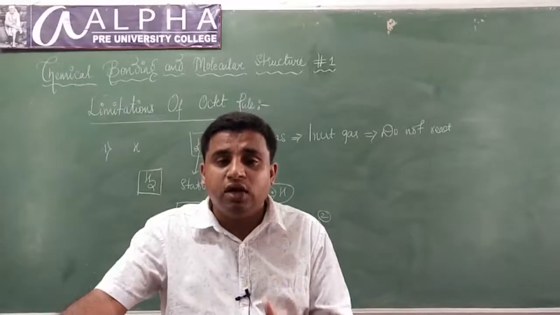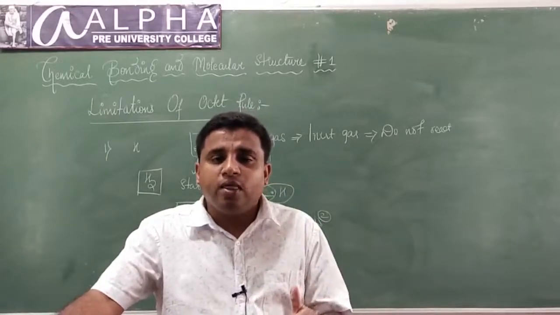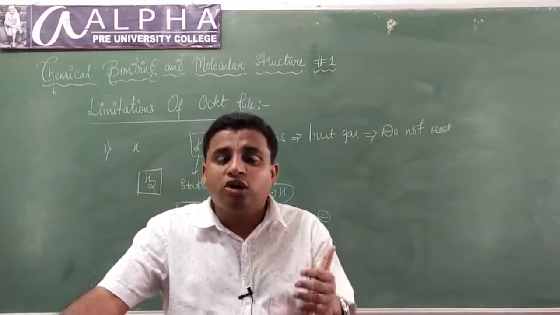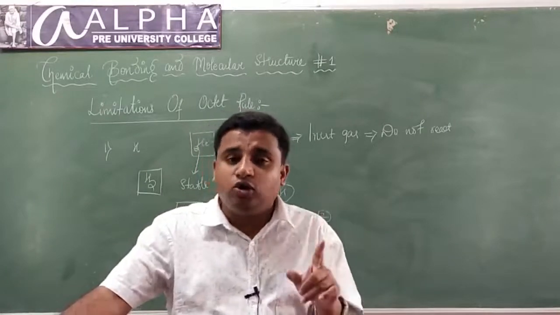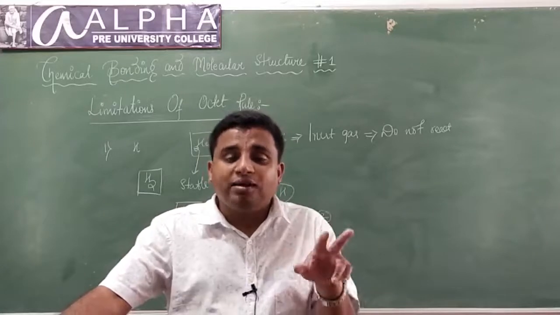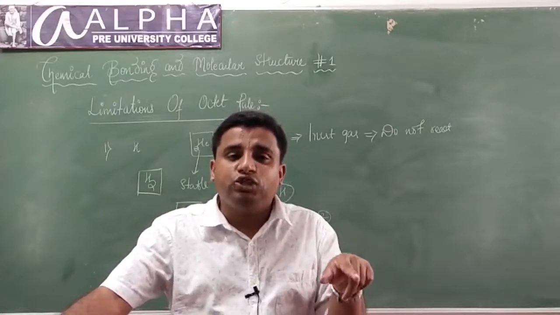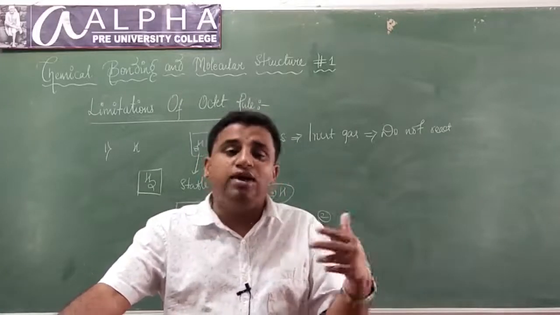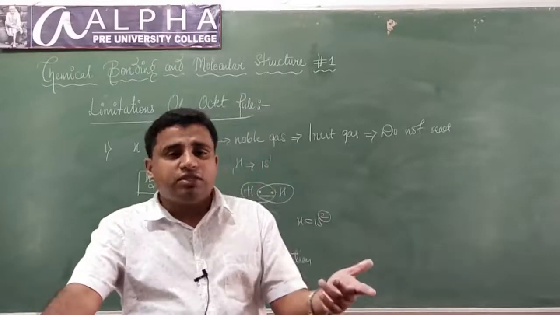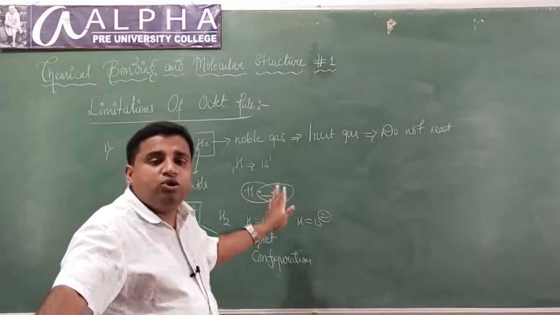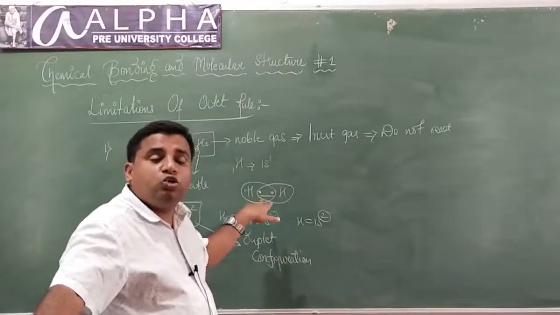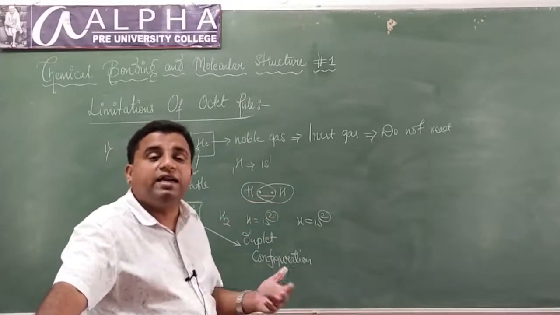So the octet structure is not obeyed by hydrogen and helium. According to the octet rule, when atoms combine to form a molecule, they should have 8 electrons in the outermost shell and become stable. But when hydrogen atoms combine to form a hydrogen molecule, they have only 2 electrons in their outermost shell and attain a duplet structure.